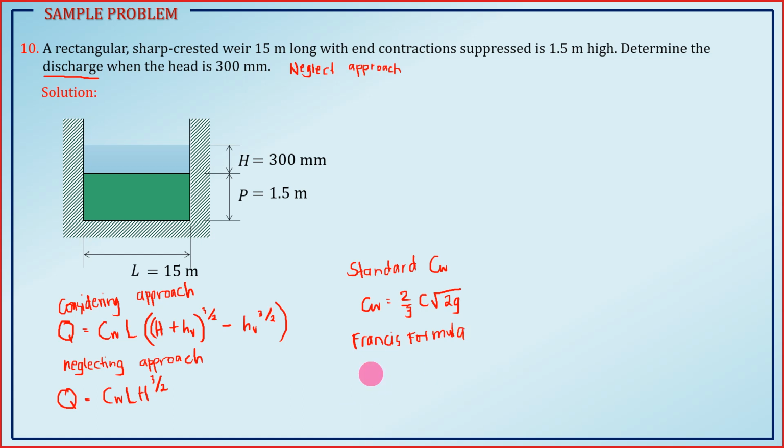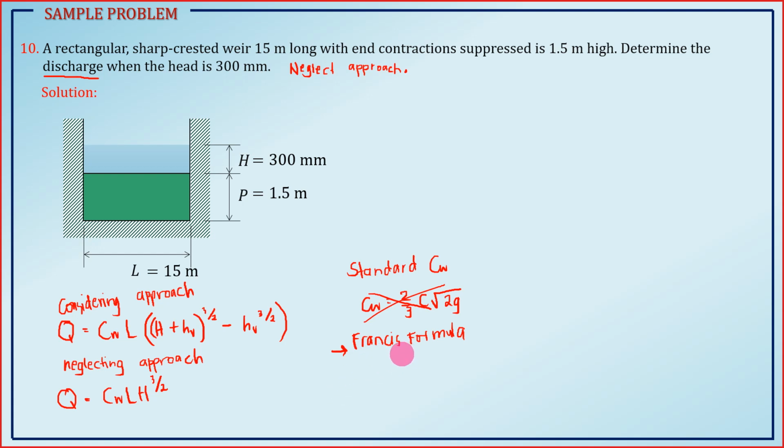And we also have the Bazin's formula. So, in this problem, hindi binigay yung C. So, meaning, hindi natin magagamit tong standard. Hindi rin binanggit kung kaninong pangalan or kung kaninong weir factor yung susundin natin. So, for this type ng problem, ang gagamitin mo agad is the Francis formula. Na pag hindi binigay yung C, tapos walang binigay na pangalan ng creator ng formula, so Francis na agad.